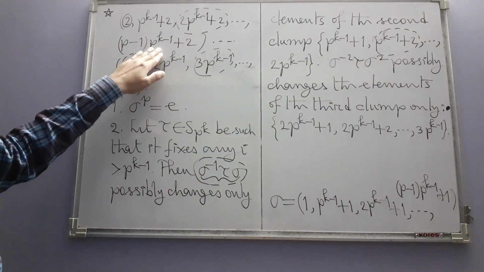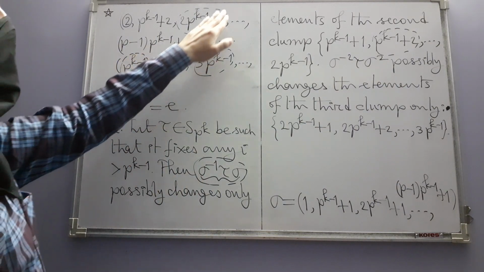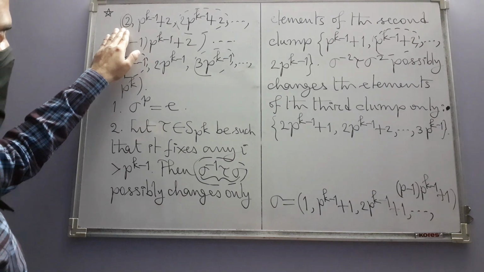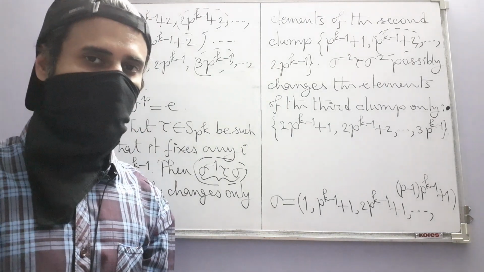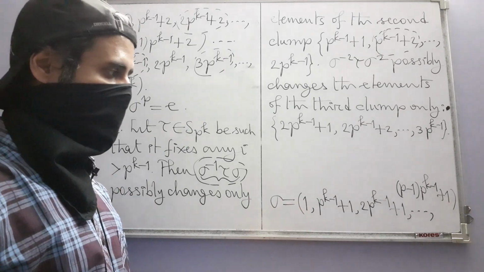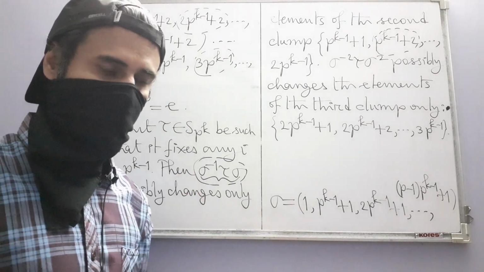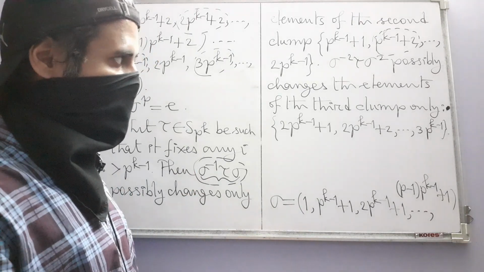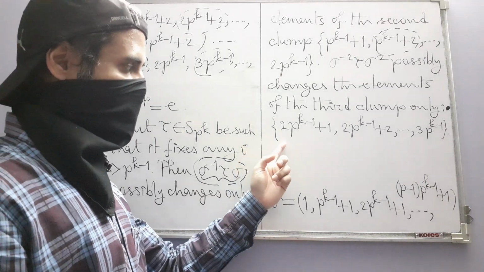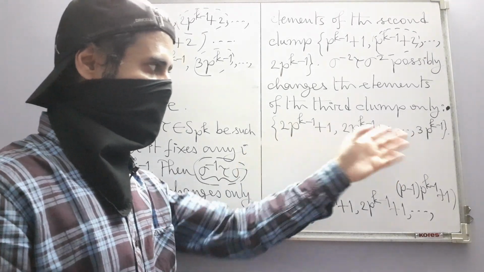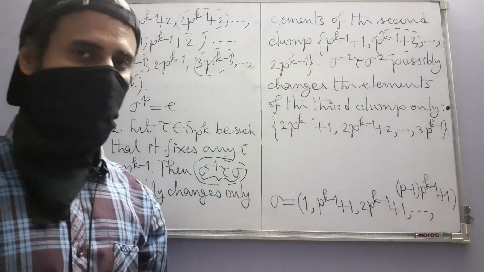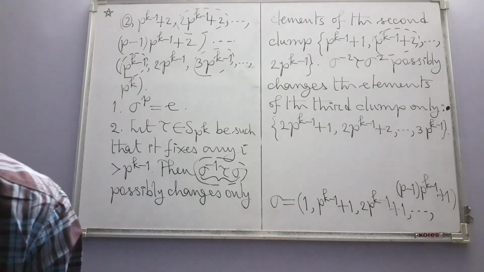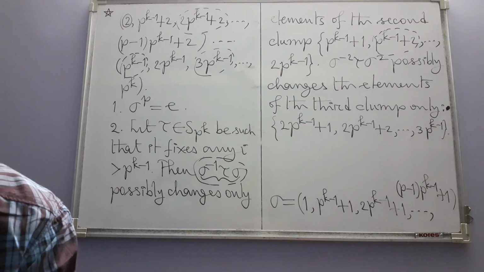So sigma square, first one sigma maps it to 2, and then another sigma maps it back to the original element. So like that you can see the other cases also, and you will see that in this case possibly only the third clump elements are going to be changed by this, and in general this is going to happen.